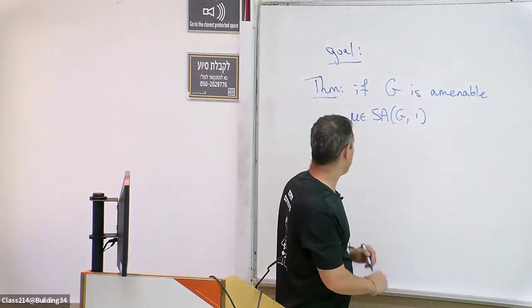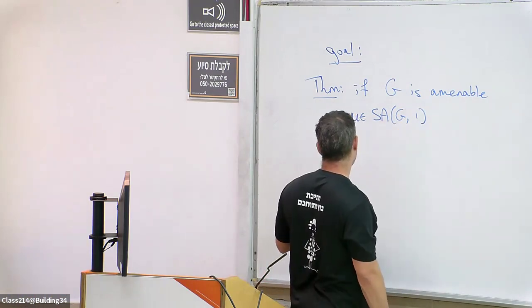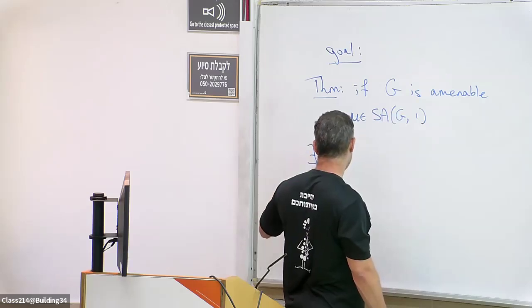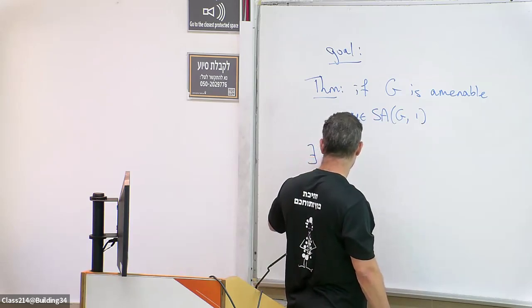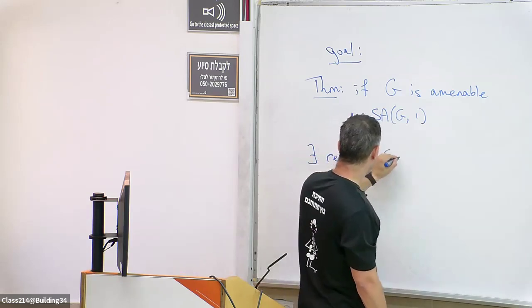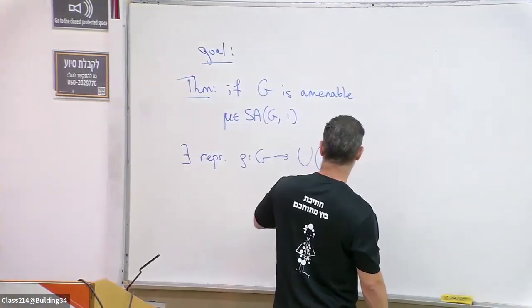Okay, so if G is amenable, mu is in SAG1, and then there exists a representation from G into the unitary operators of some Hilbert space.